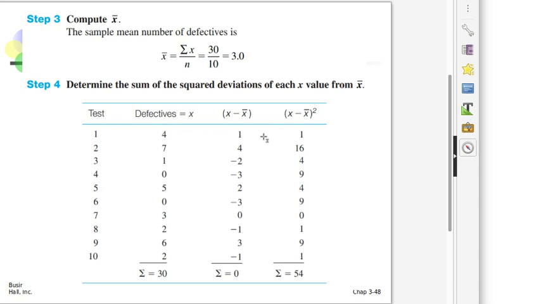Now, for the deviations, x minus the mean, because we want to determine how far each is from the center.